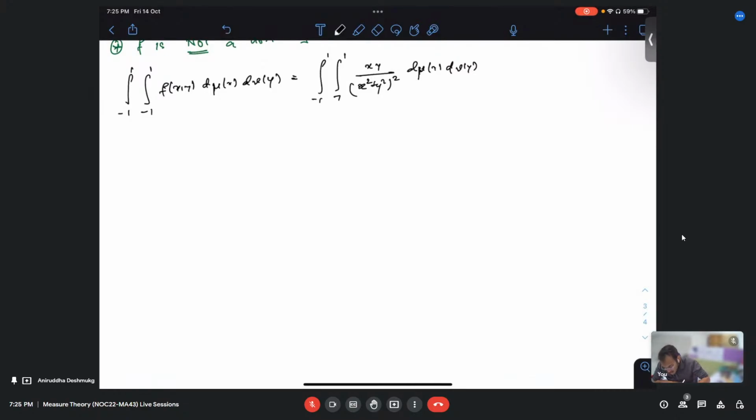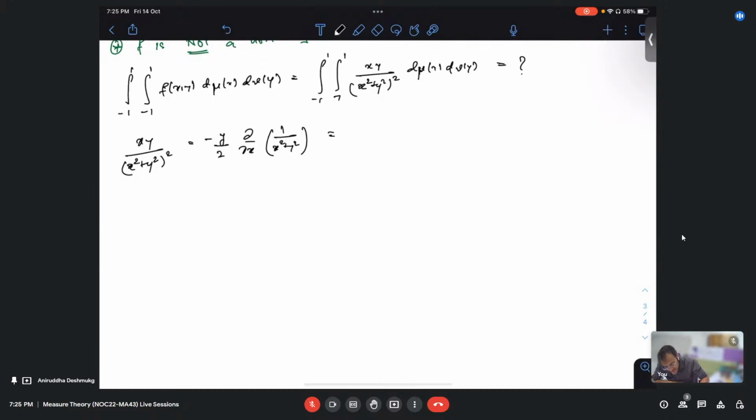So what I am going to do is, I want to evaluate this. Let us try to write this inner function as some derivative so that we can use the fundamental theorem of calculus. So xy over x square plus y square whole square, I can write it as minus y by 2 times the derivative of 1 over x square plus y square with respect to x.